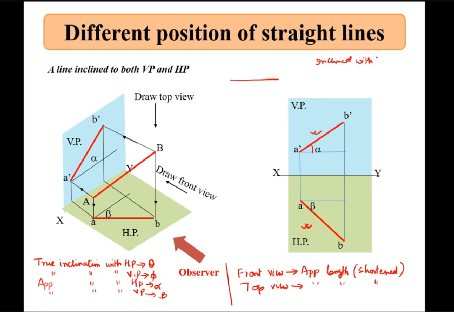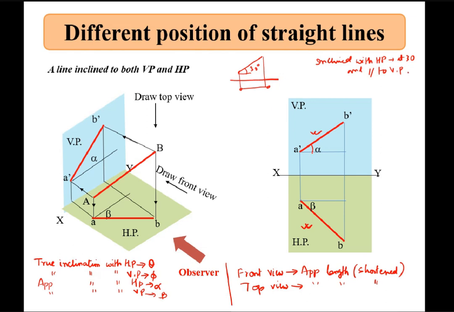So it will look something like this, correct? So this inclination, say it is inclined with HP at say 30 degree. So here also I will take 30 degree, correct? In the projection also.